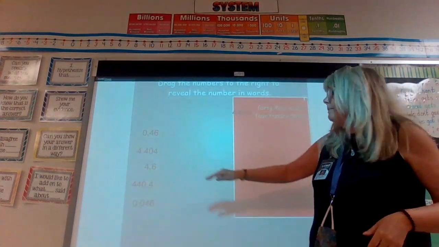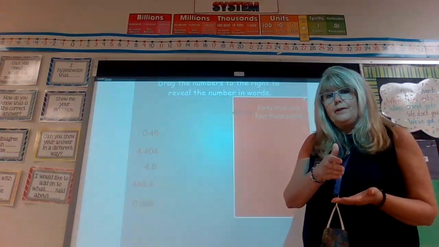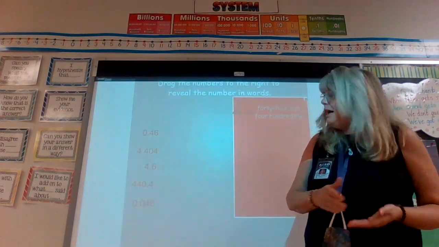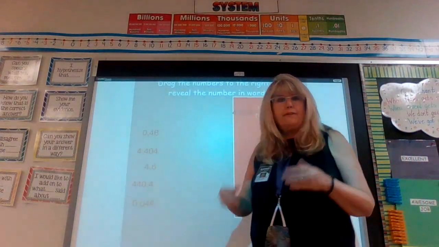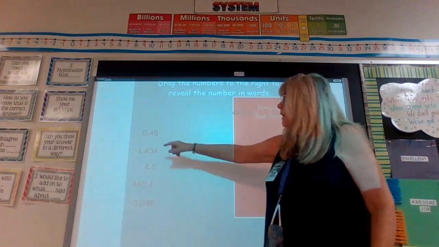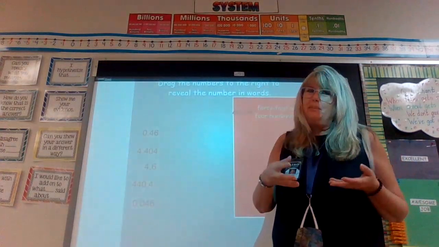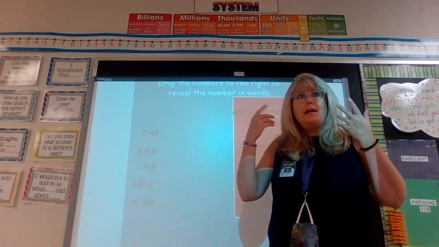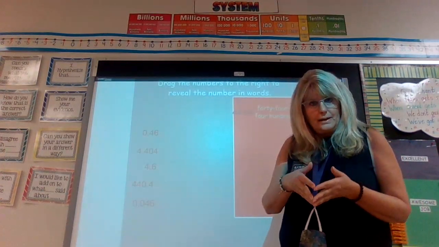Let's look at the next one. There is no whole number. So you're not going to write the word and, and you don't have to say 0 in front of it. You're just going to write the fractional part. So I know that's 46. But I have to think about, okay, what place do I think about? Well, that 6 drops into the hundredths place.